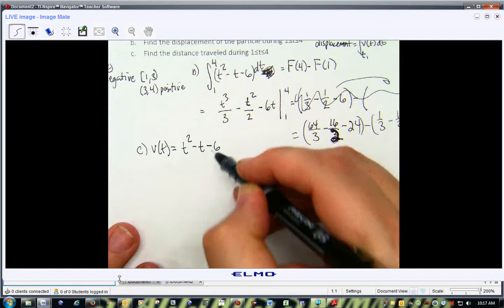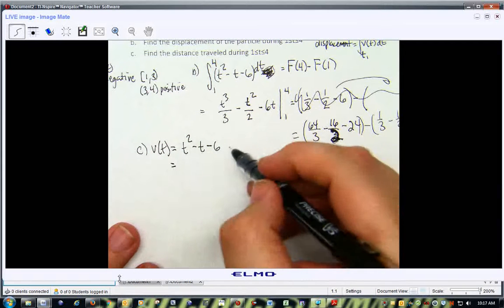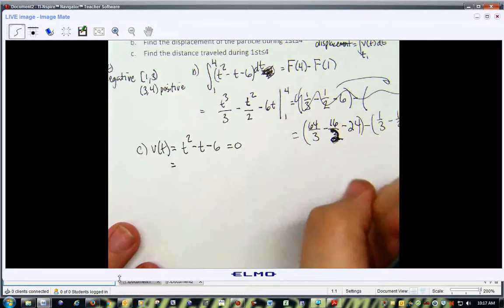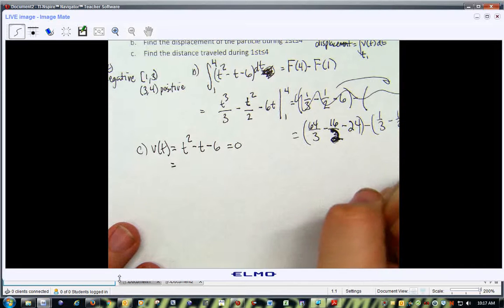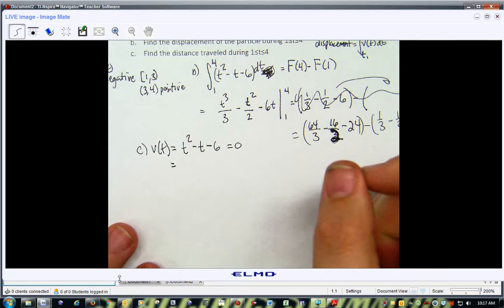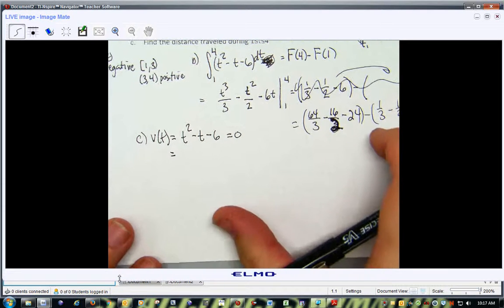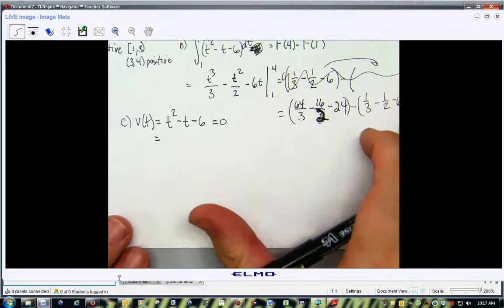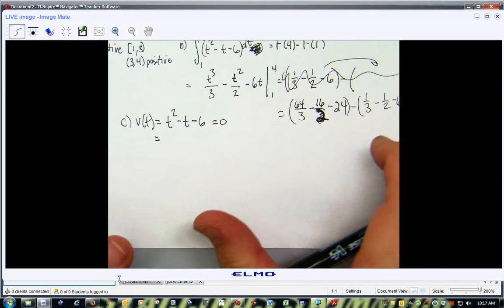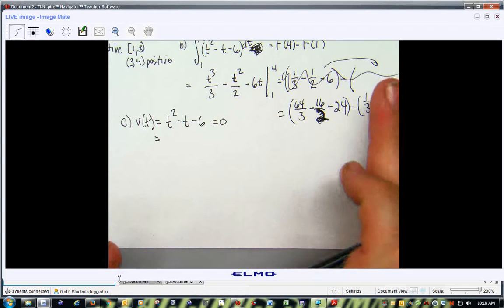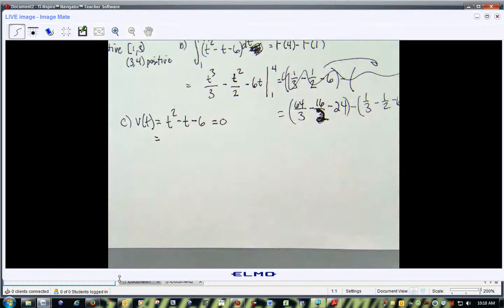Now, I want to set this equal to 0. Right, we're doing distance traveled by hand, because we already know what the bounds are. We already know that 3 is where it's going to shift from negative to positive. But here's how you do it by hand, in case you don't have a calculator, to tell you.